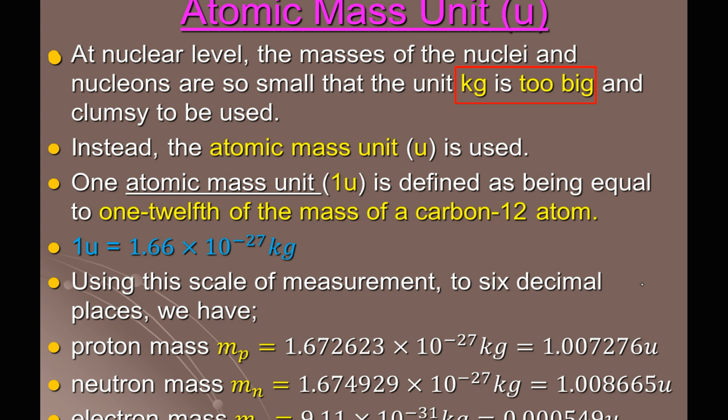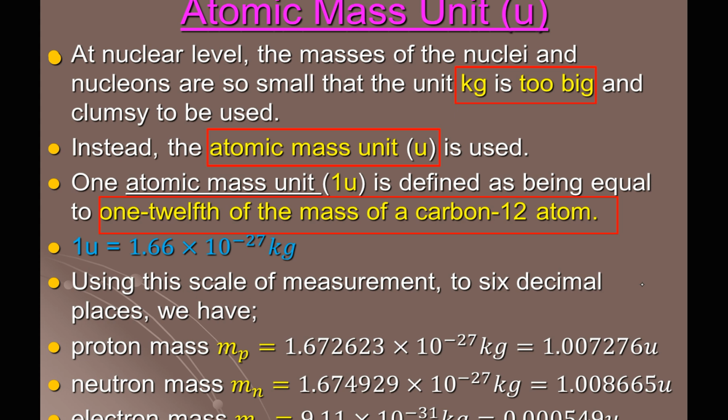Instead of using a very large unit like the kilogram at nuclear level, another unit called the atomic mass unit is normally used. One atomic mass unit is defined as being equal to 1/12 of the mass of carbon 12.